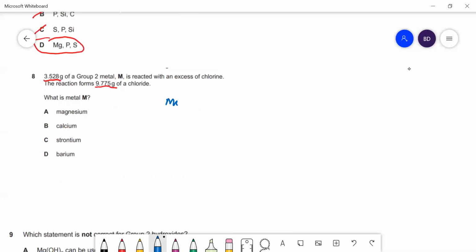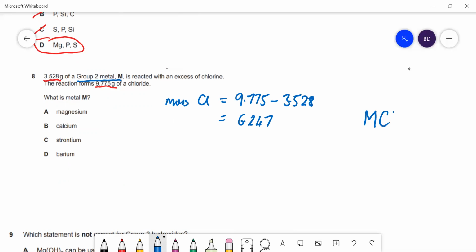So the mass of chlorine in the chloride, just by subtraction, is going to be 9.775 minus 3.528, which is equal to 6.247. Right, now what's important here is that it's a group 2 metal. So this chloride is going to have the formula, because it's group 2, MCl2, where M is the metal.